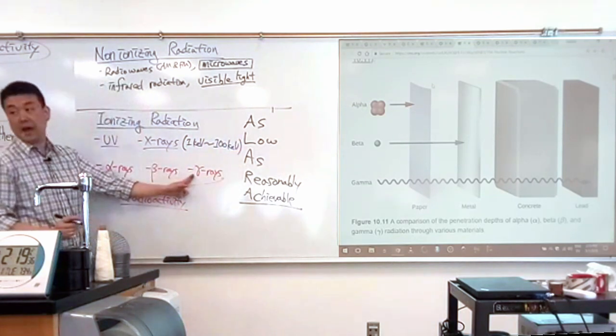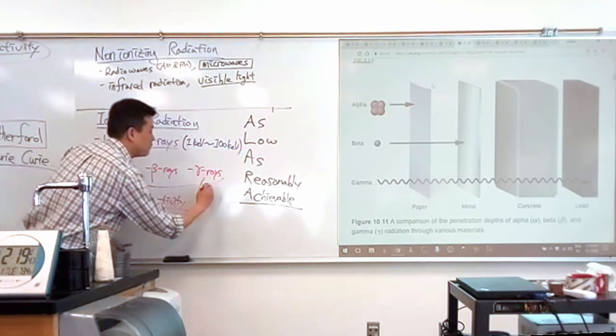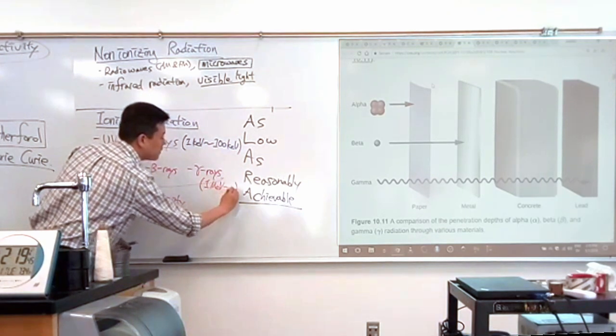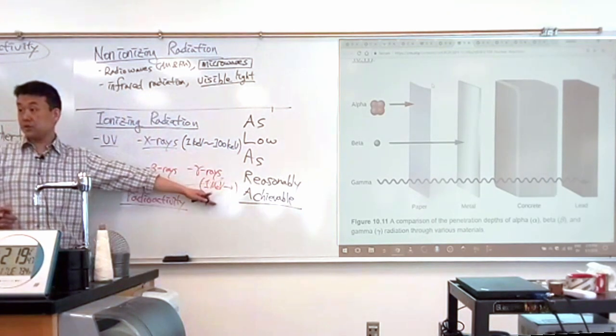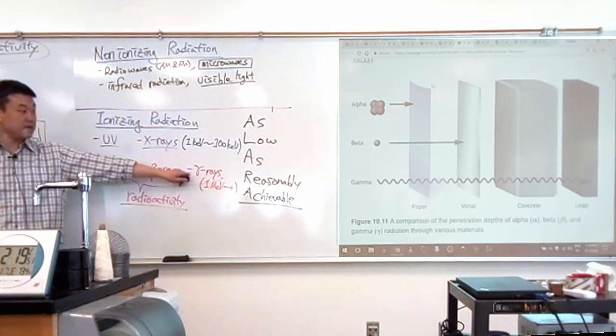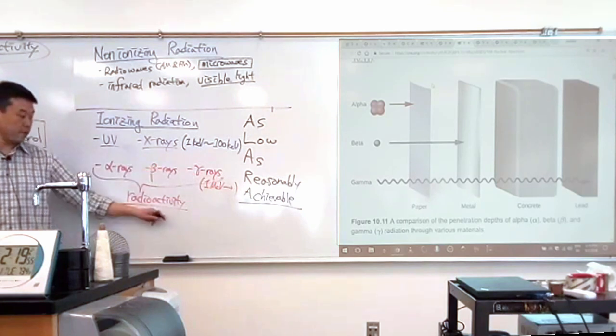And for gamma rays, it usually ranges from around 1 mega electron volt and up. That's the typical energy range, but that's not what defines gamma ray. What defines gamma ray is that it's a high energy photon that comes from radioactivity.